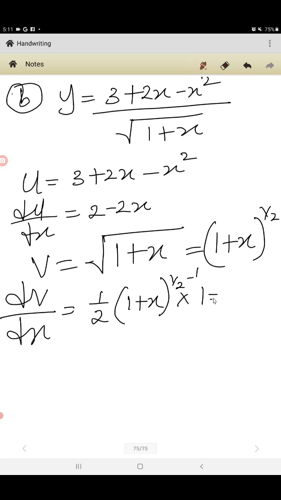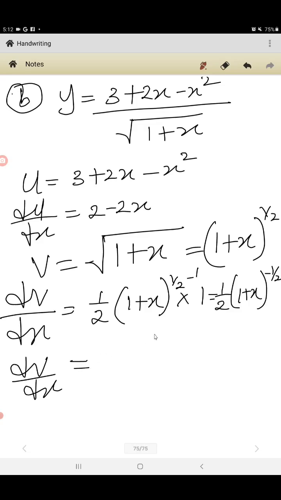So it also gives us 1 over 2 onto 1 plus x raised to minus half. So dv with respect to s will be 1 over 2 onto 1 plus s raised to power half, because this one is minus.